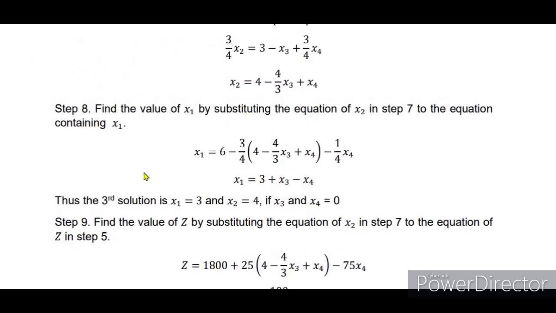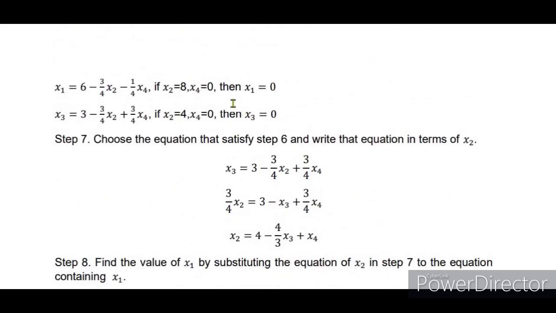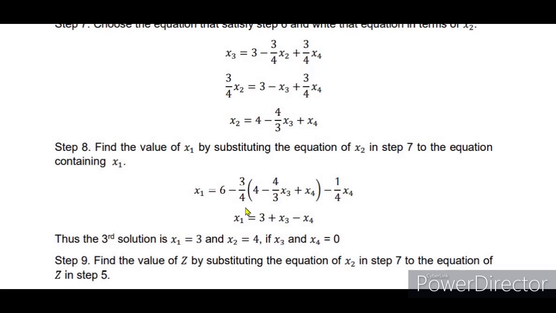Next, step number 8. Find the value of x sub 1 by substituting the equation of x sub 2 in step 7 to the equation containing x sub 1. So now, we will use the equation that we got from step number 3, and we will substitute the equation that we got from step number 7, which we will be substituting in the value of x sub 2.